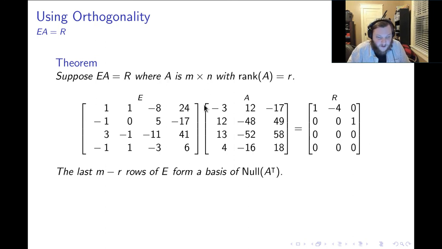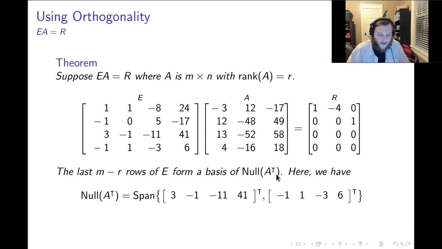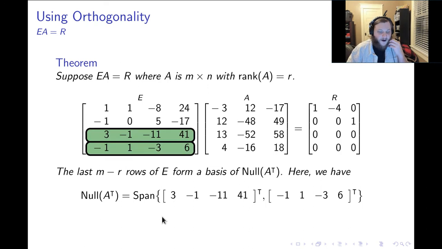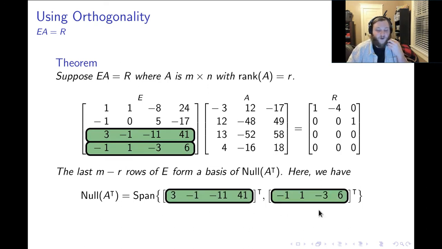So here, this is a 4 by 3 matrix with rank 2. So m is 4, r is 2, so m minus r is 2. So what this is saying is that the last 2 rows of E here form a basis of the left null space. So here I know that the left null space is the span of those last 2 rows of E. This automatically gives me a basis of the left null space.